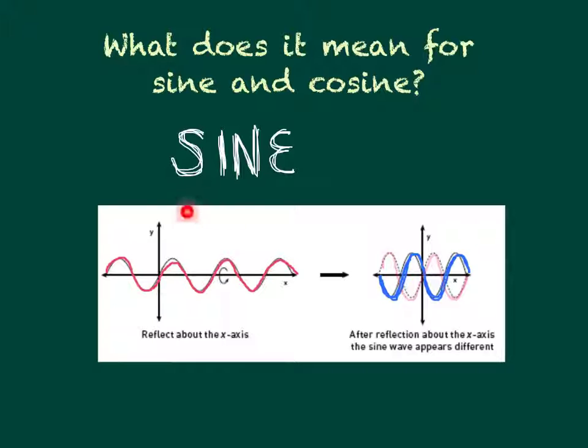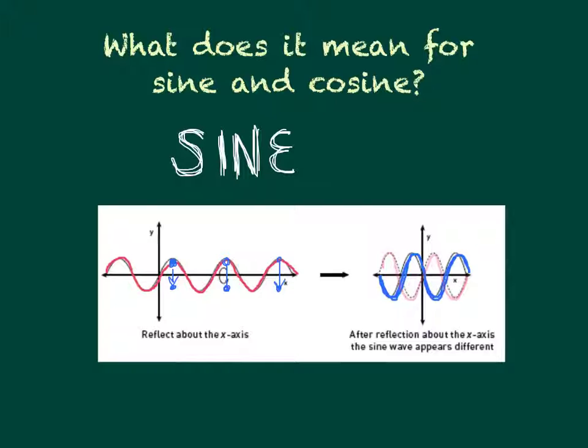Here on the left is a graph of sine. If we want to reflect this over the x-axis or over the midline, we will simply take all points that are above and put them the same distance below the x-axis. So these maximums come down here to become minimums.